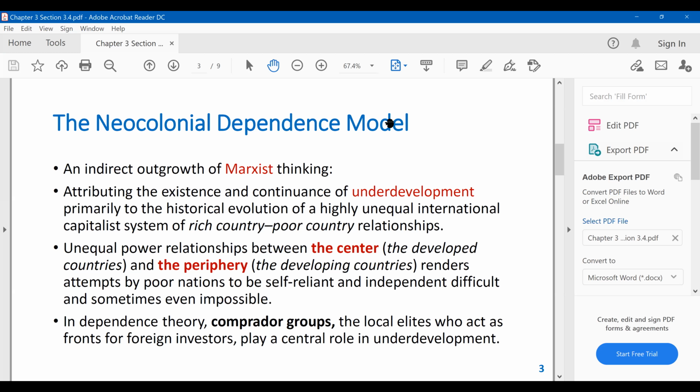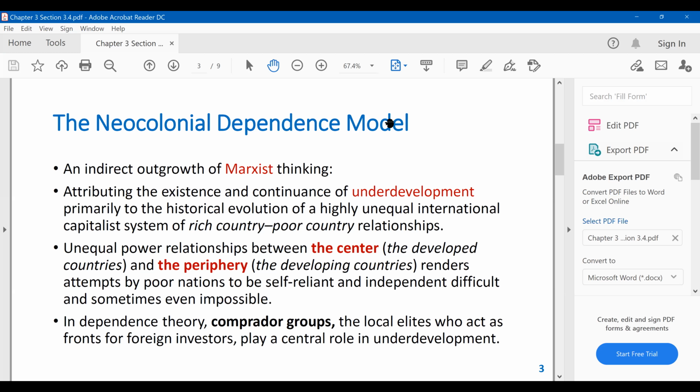The center countries are the developed countries of today, that are powerful, rich, educated, with health systems and high urbanization rates, etc. You can imagine the center countries as most of the OECD countries or G7 countries.